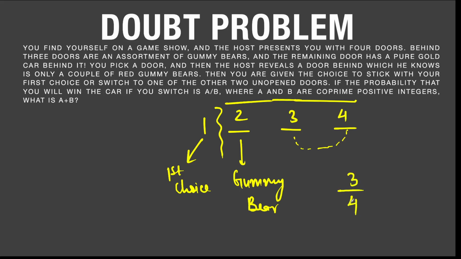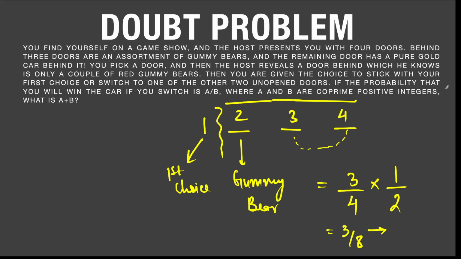That is 3 over 4. Out of three doors, the combined probability of you getting a car is 3 over 4. Now, out of the two doors which were left behind, you have the chance of getting a car in only one door. So 3 by 8 is your answer.